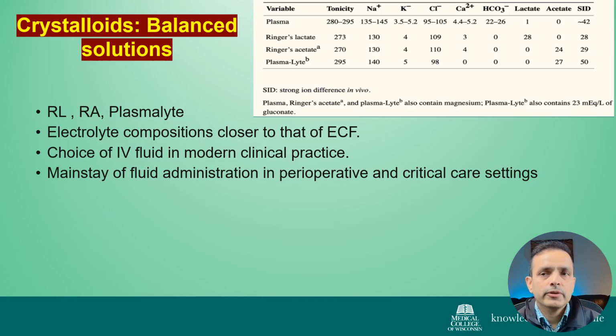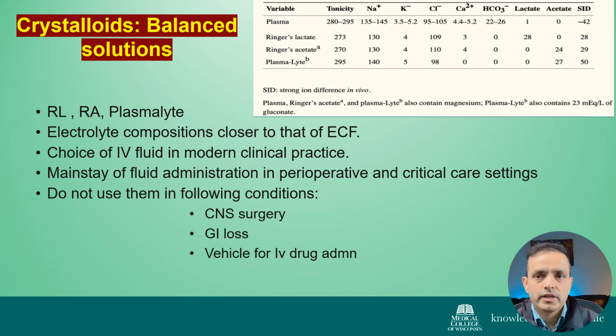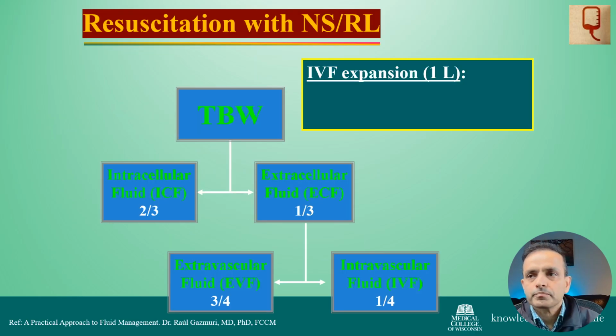As the choice of IV fluid in modern clinical practice, these are considered the fluid of choice, and they are the mainstay of administration in perioperative and critical care settings. As we just talked about, we don't really use these in CNS surgery, GI loss, or somebody who is getting IV antibiotics or blood transfusion.